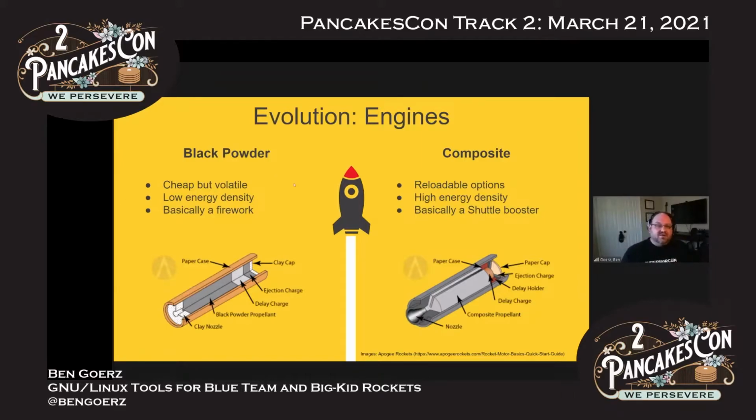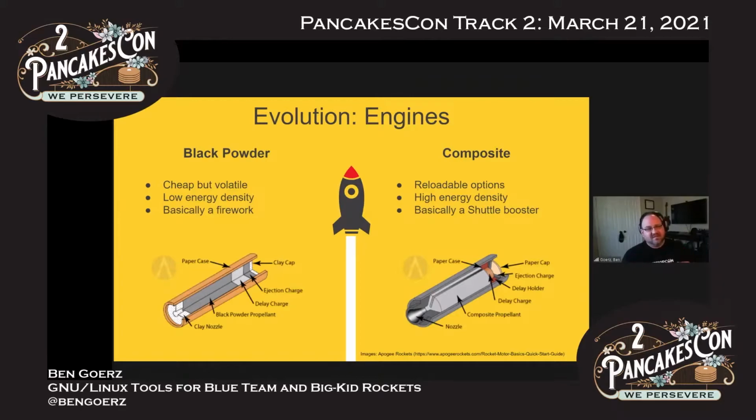Meanwhile, you can now get into composite motors. These are a different fuel entirely. They're not black powder based. They are an oxidizer with various propellants that are burned. But basically, they are the same technology that's used in the solid rockets that power the space shuttle. They're both reloadable options and single-use options, whichever you prefer. I kind of like single-use because if you lose the reloadable part, that can get pretty expensive.